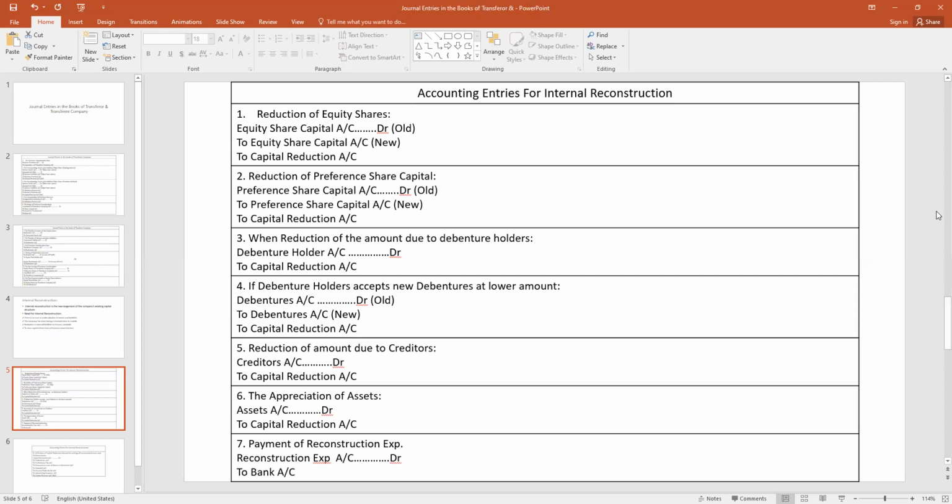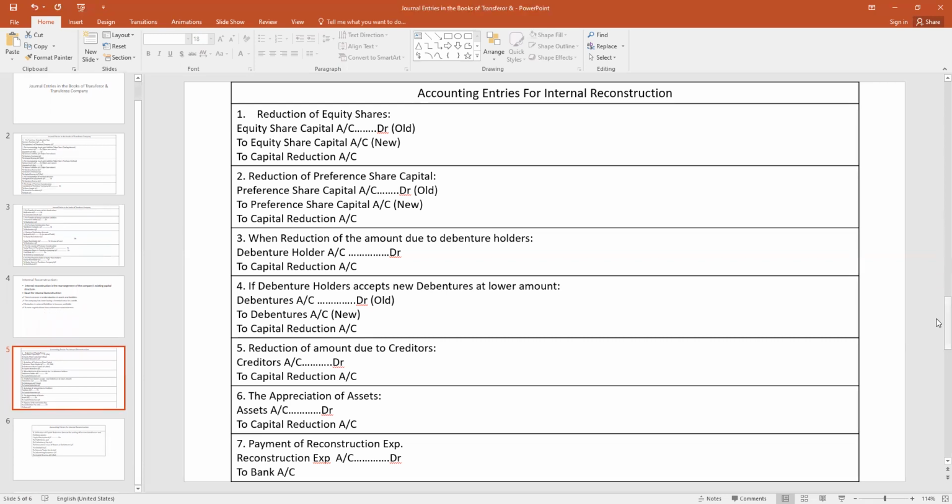When the amount due to the debenture holders is reduced, the journal entry will be: debenture holders account debit to capital reduction account. And if the debenture holders accept new debentures at a lower amount, the journal entry will be: old debentures account debit to new debentures account, to capital reduction account.